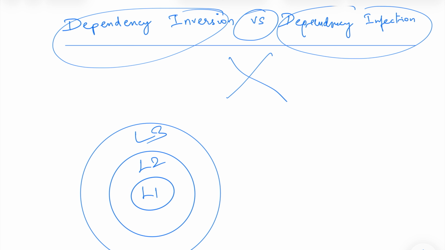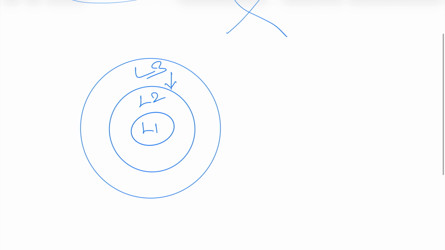The dependency inversion is nothing but the high level module or layer shouldn't depend on lower level layers or modules, however you call it. So in this case, L3 shouldn't depend on L2, and L2 shouldn't depend on L1. As simple as that.